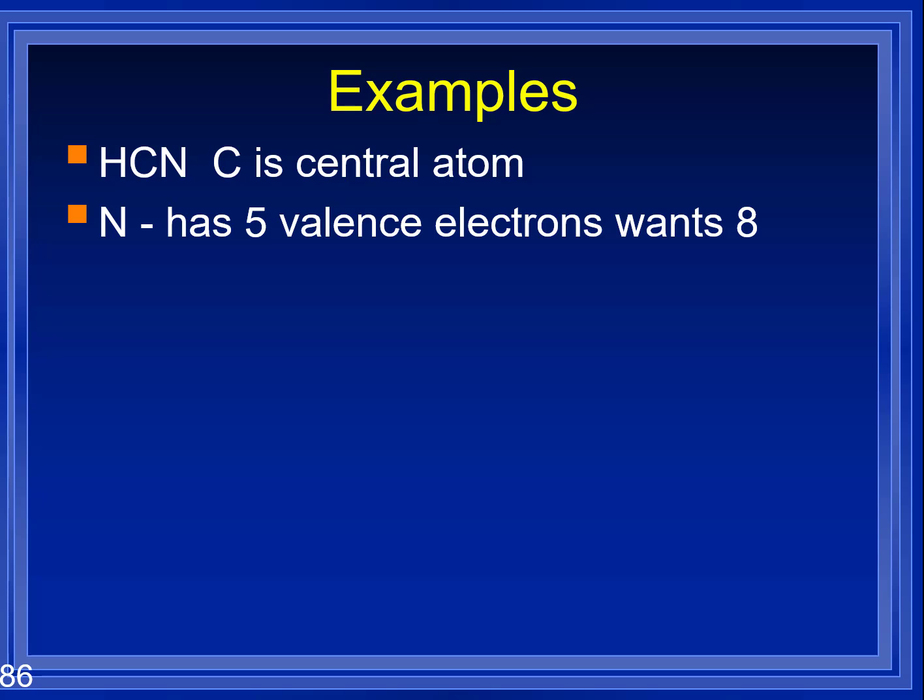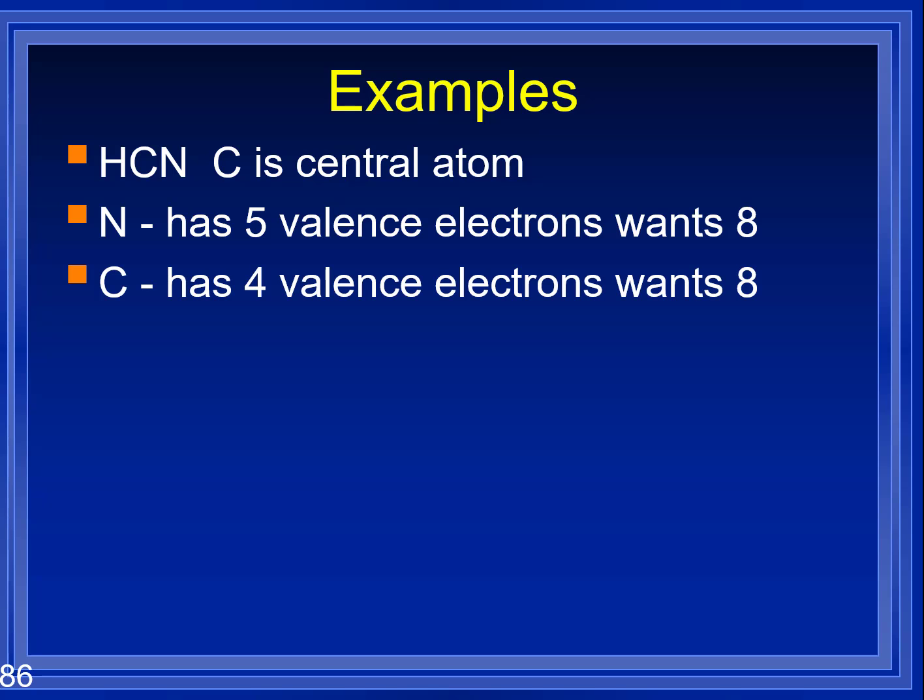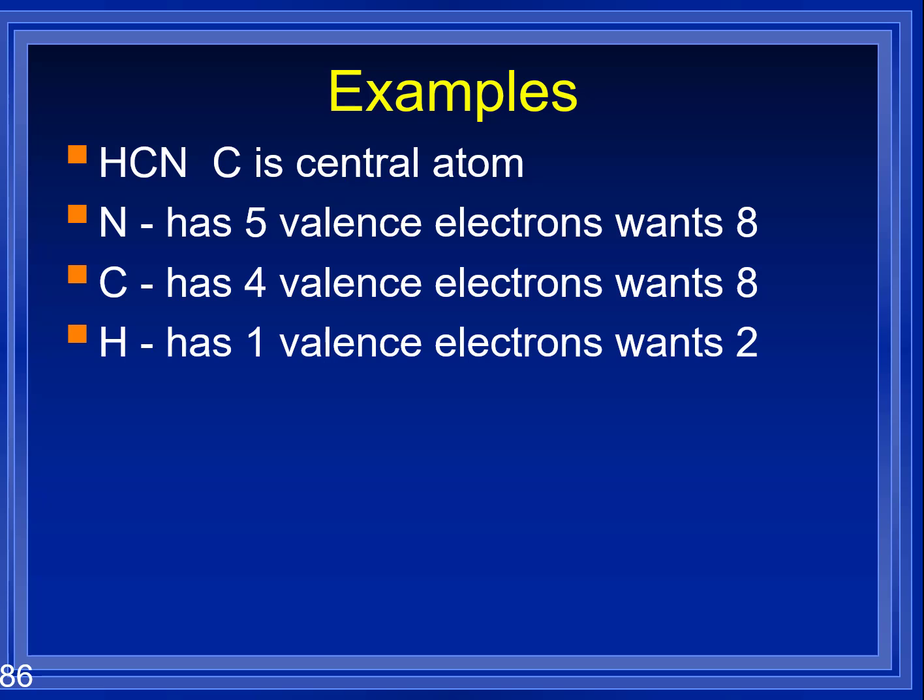It has 5 valence electrons. Its happy number would be 8. Carbon has 4. Its happy number is going to be 8. Hydrogen has 1. It's going to be happy with 2.